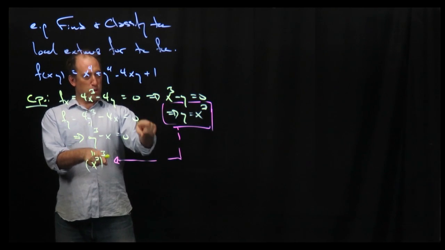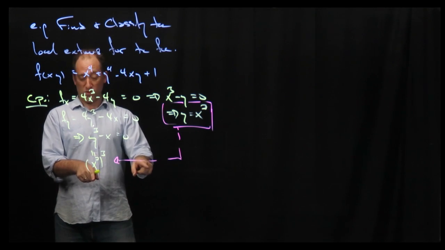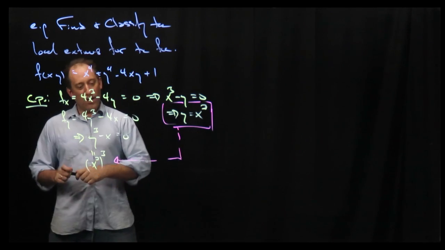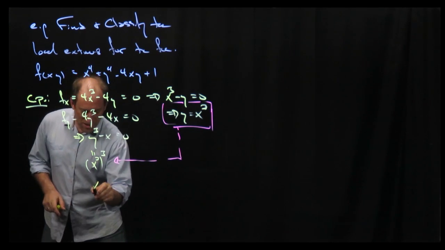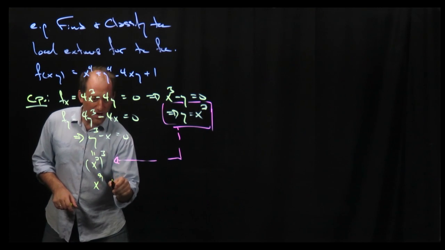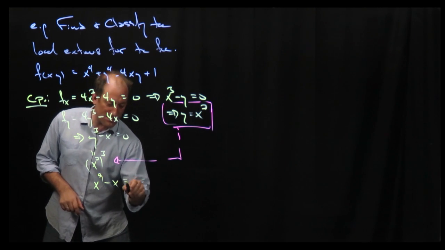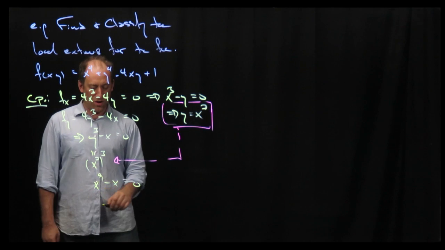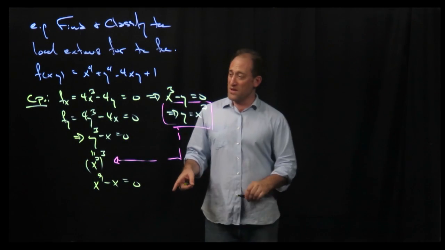All right, this gets me x to the 9 minus x equals 0, which requires a bit of factoring.